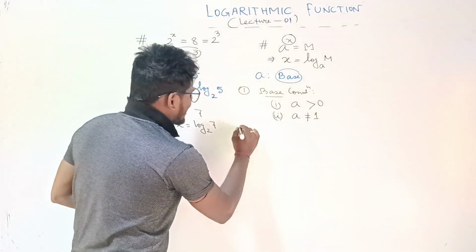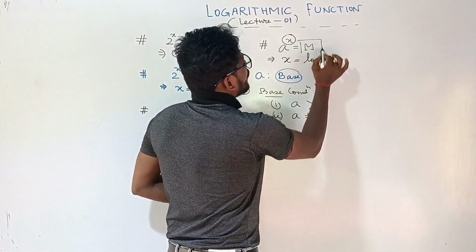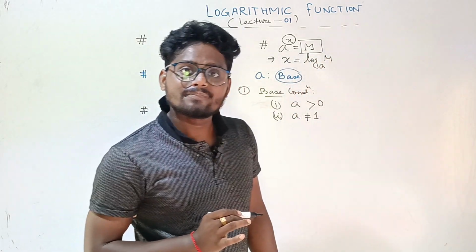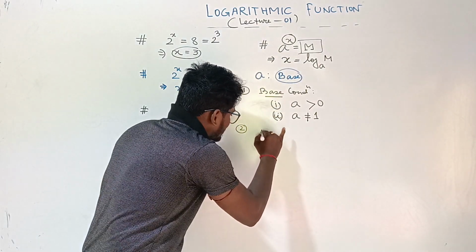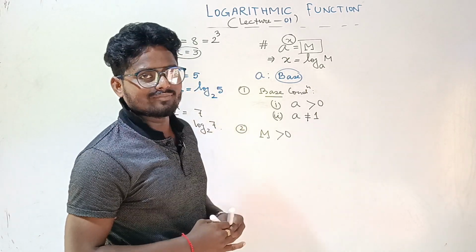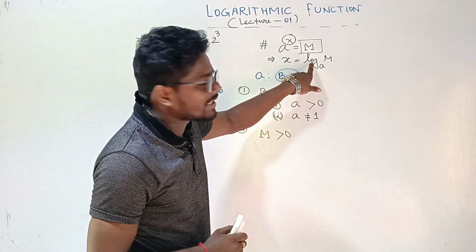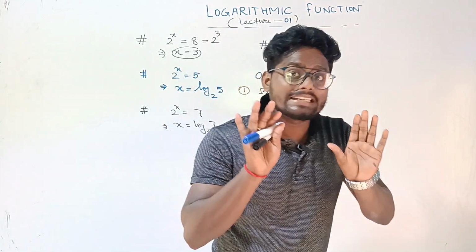And number two, what is m? What is the condition on m? This number m must be greater than 0. Log cannot take a negative number, in reality.